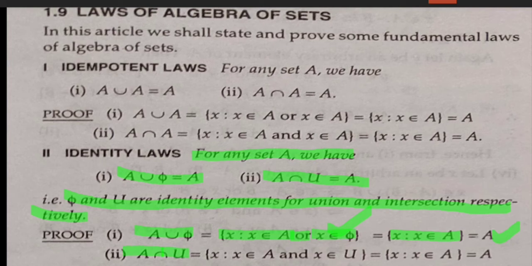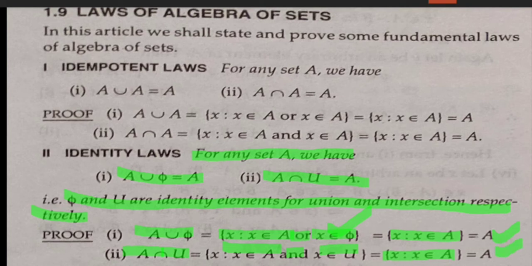Similarly, the second one, A intersection U, the universal set, can be written symbolically as X such that X belongs to A and X belongs to U. X belongs to A and X belongs to U means the common elements between set A and set U, which is nothing but set A only.